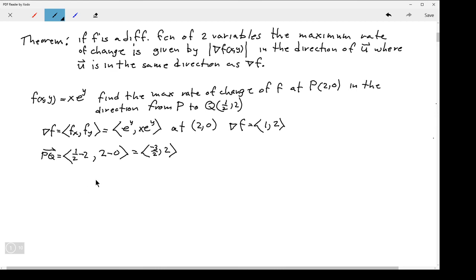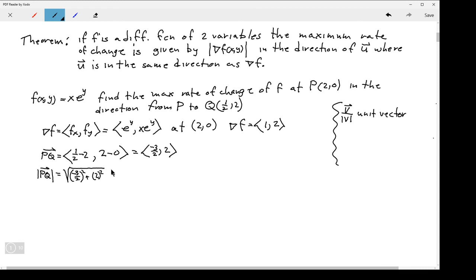Now we need to calculate the unit vector. Remember, the unit vector for a vector v is v over the magnitude of v. This is how we do a unit vector. So I need to calculate the magnitude of PQ, which is the square root of negative 3/2 squared plus 2 squared.